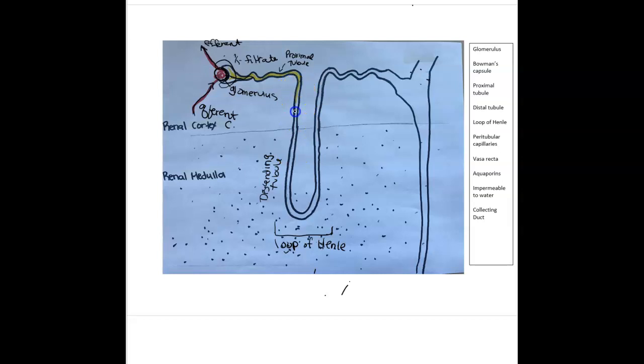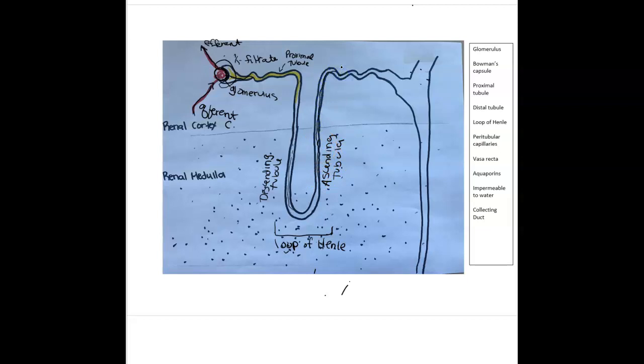The filtrate's going to travel down the descending tubule, and then it's going to travel up the ascending tubule. That looks like an E, an A. No, it won't draw, so it's a tubule, T-U-B-U-L-E. So it's going to travel up, and then it's going to travel.